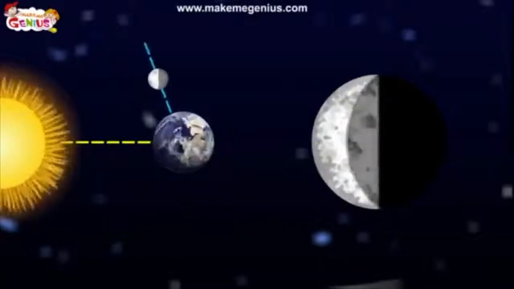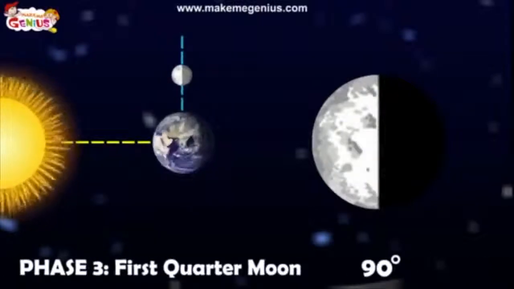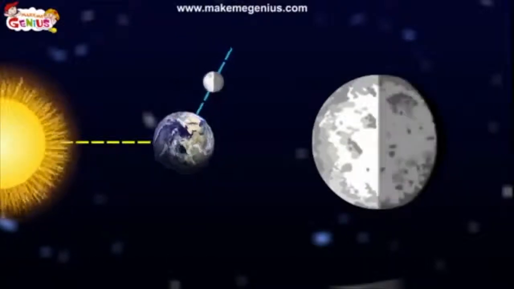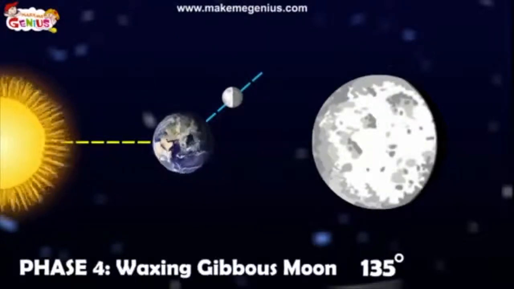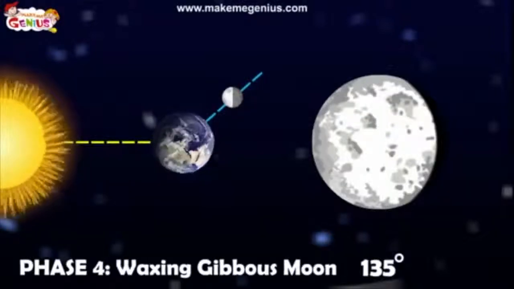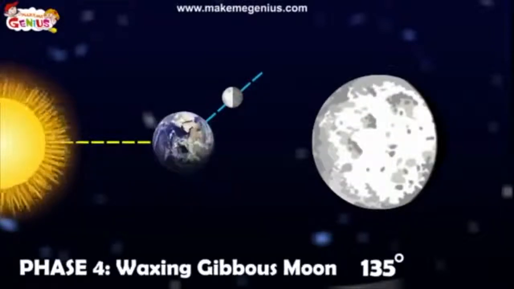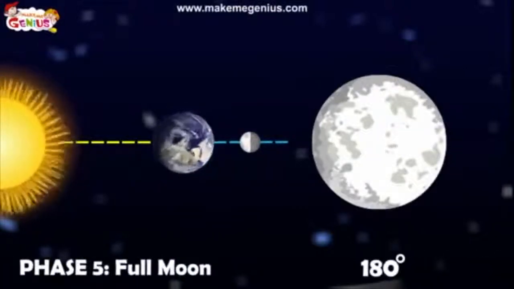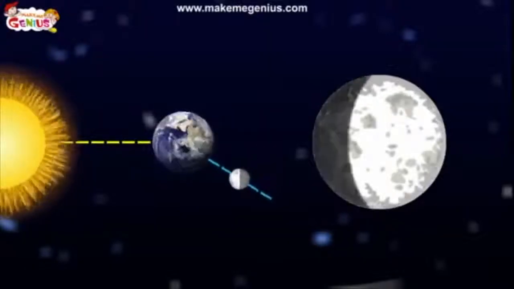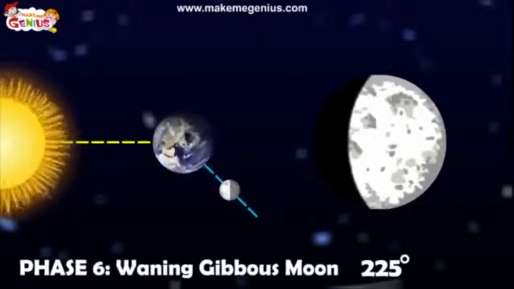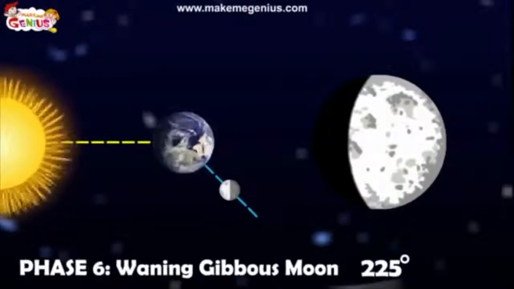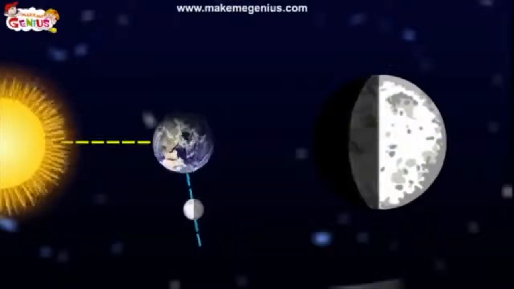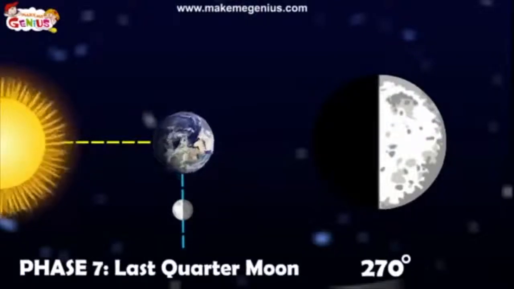Phase 3 is called the first quarter. In this phase, the moon appears half lit to us. Phase 4 is the waxing gibbous moon. In this phase, the moon appears more than half lit. The moon shows a hump. Phase 5 is the full moon, beautiful and poetic. Phase 6 is the waning gibbous moon. The moon is waning, that is decreasing, going from full moon to quarter moon. Phase 7 is the last quarter. The moon appears half lit again.